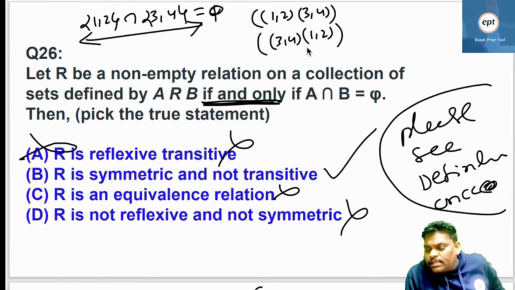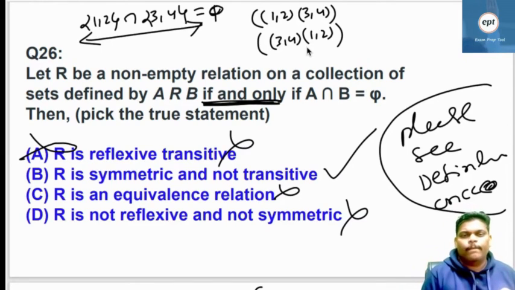Between two sets, if the intersection is empty, they will be related. {1,2},{3,4} intersection is empty. {3,4},{1,2} intersection is empty. If I take left side {1} and right side {1}, the intersection is not empty, so you cannot take it. Right, is it okay now? Now okay.